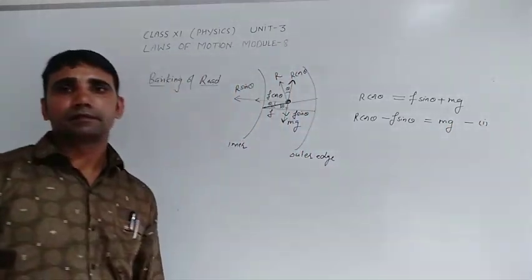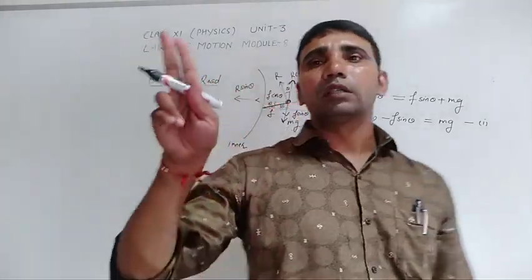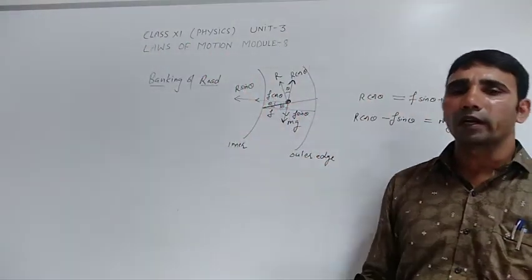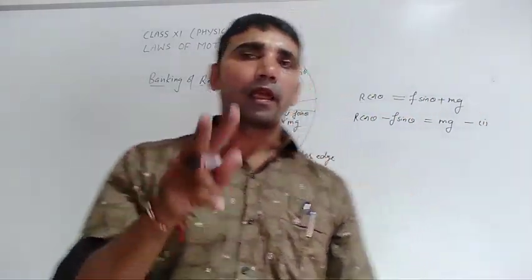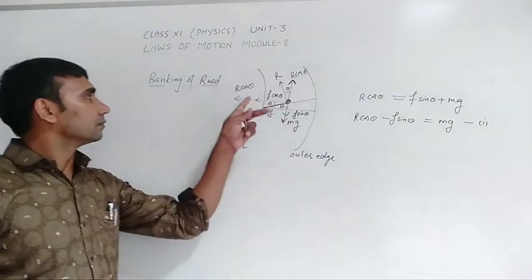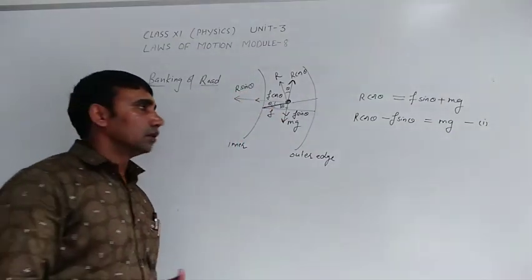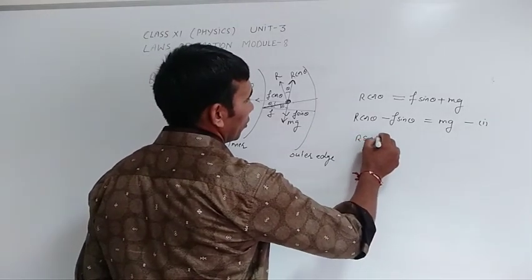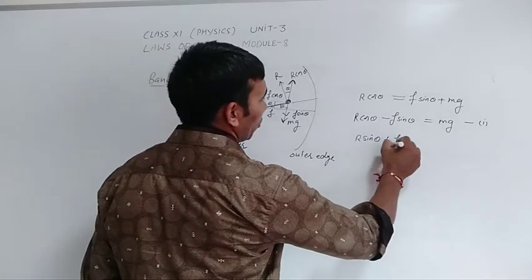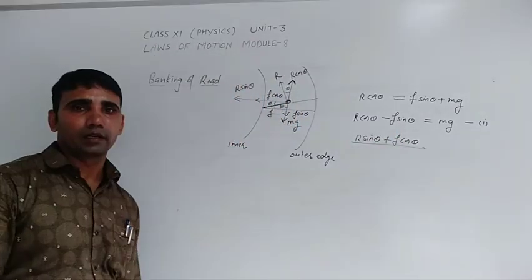Two forces act along the center of the circular track or center of the road, that are R sin theta and F cos theta. These two forces, R sin theta plus F cos theta, act along the center of circular track.